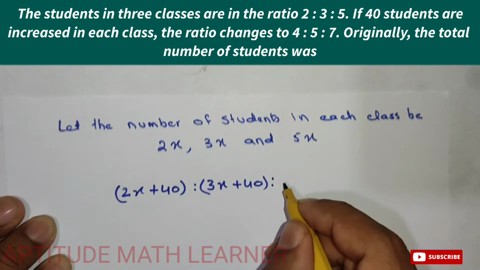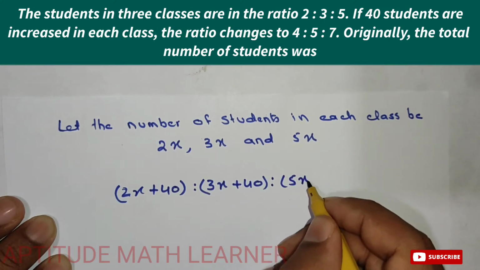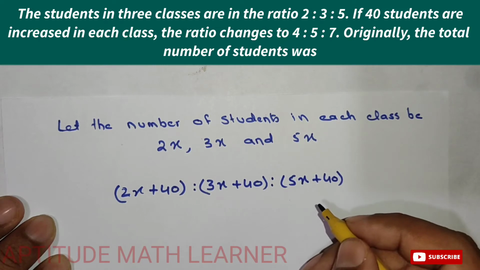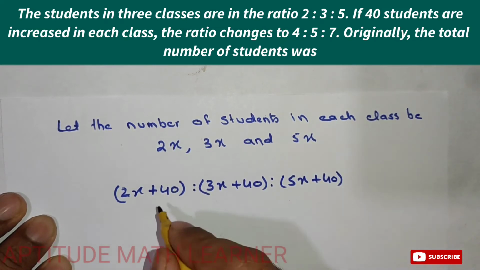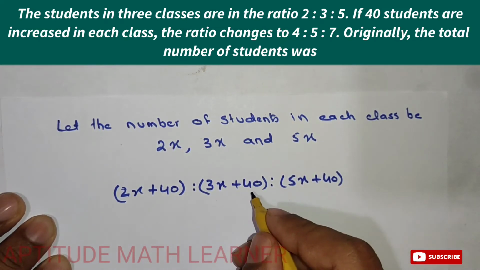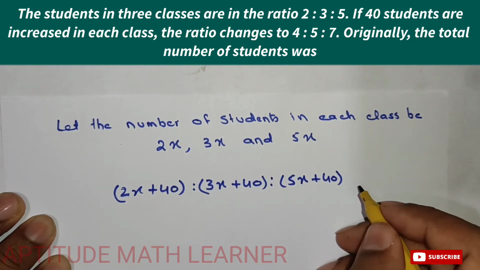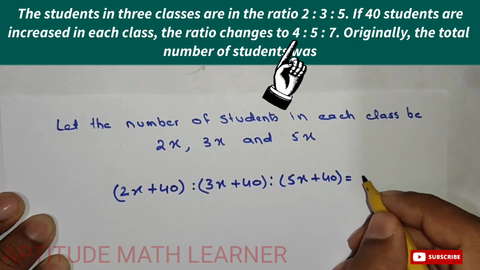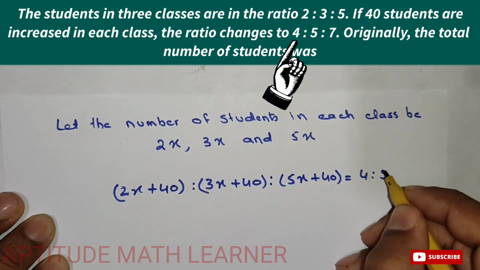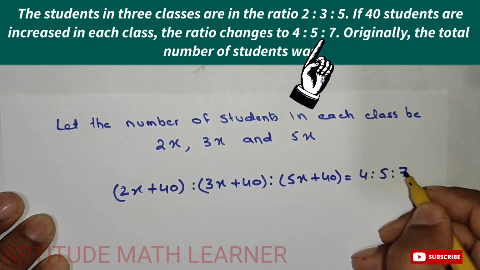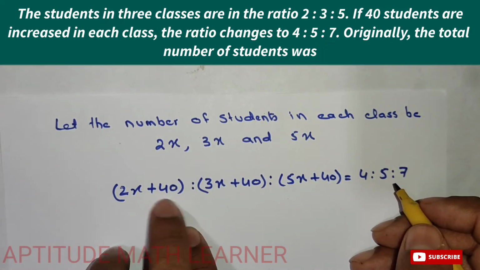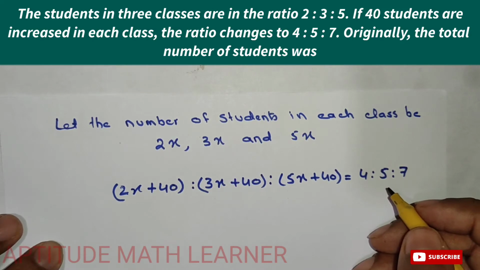In the third class, this is 5x, and we increase 40 students. After the increase of 40 students in each class, the new ratio is 4:5:7.